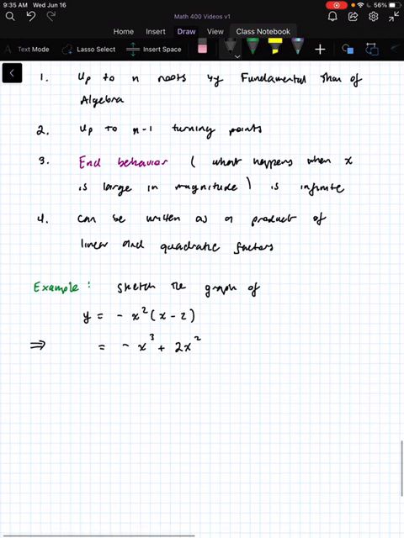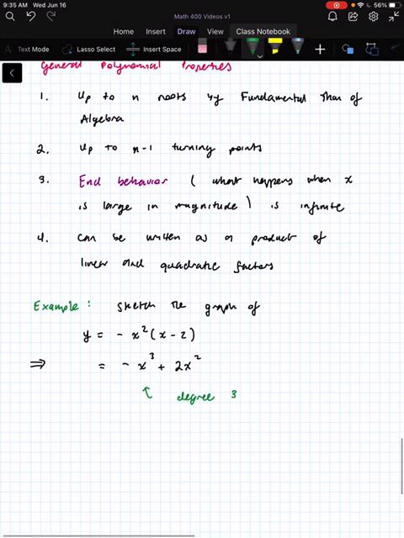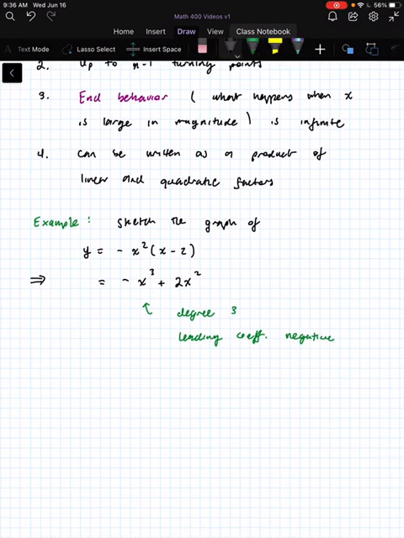And that's helpful for telling us the degree of this polynomial, which is degree 3. And so all the general properties, so up to 3 roots, up to 2 turning points, are in play here. And notice that the leading coefficient is negative. That'll be important as well.